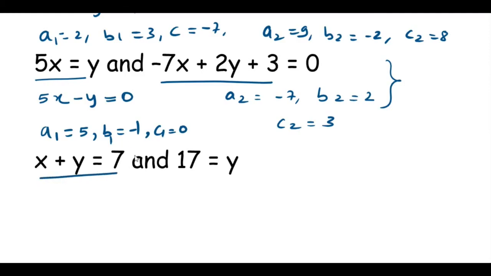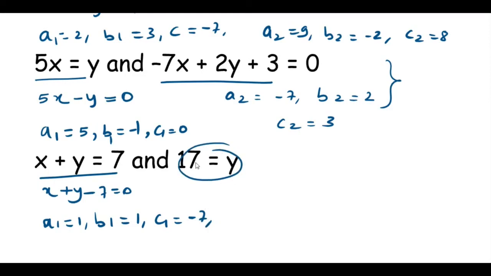Next, consider the example x + y = 7. This can be written as x + y − 7 = 0. Compare this equation with a1x + b1y + c1. We have a1 = 1, b1 = 1 and c1 = −7.